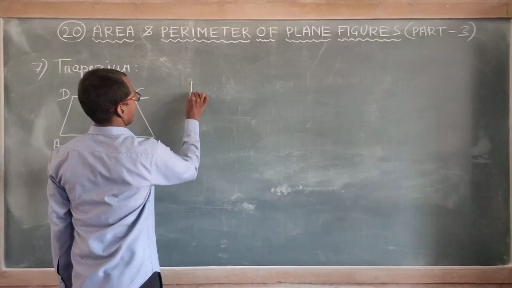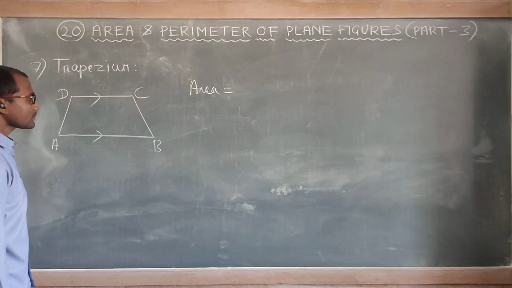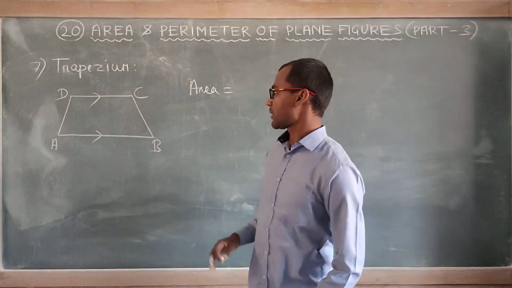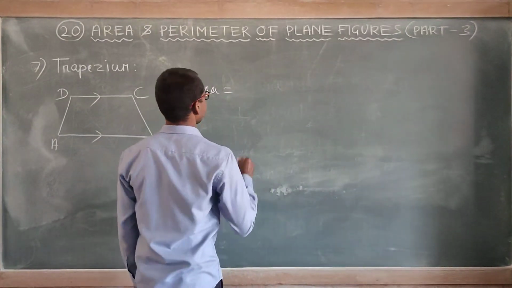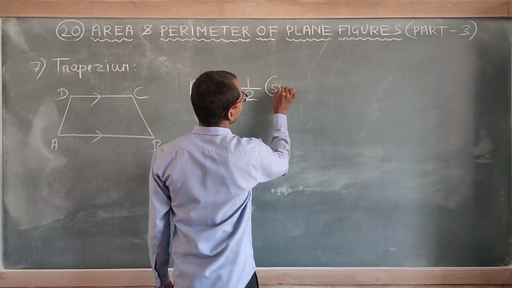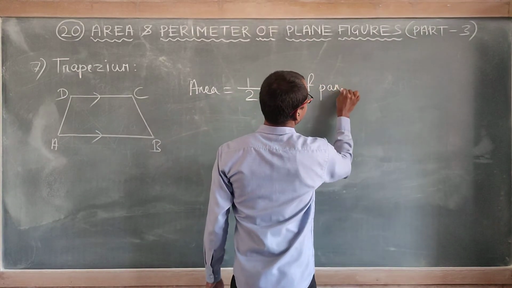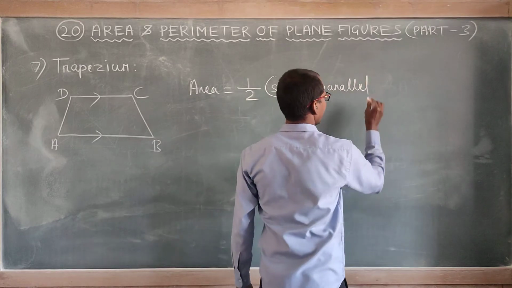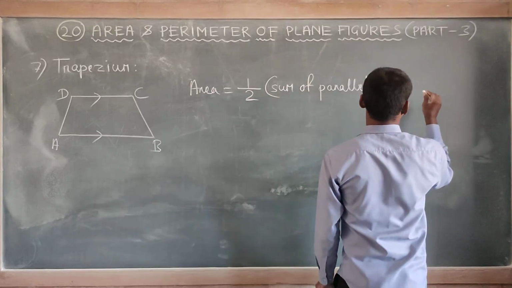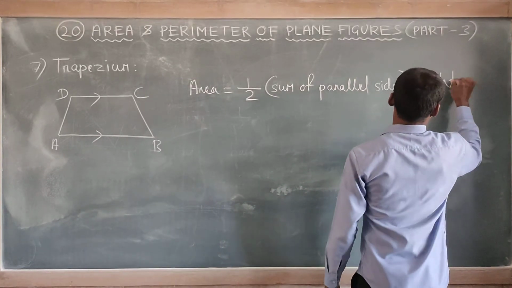Let us go for area. Area is equal to, the derivation is not necessary, so directly I am giving the formula. Area is equal to half into sum of parallel sides into distance between them, or we say height.